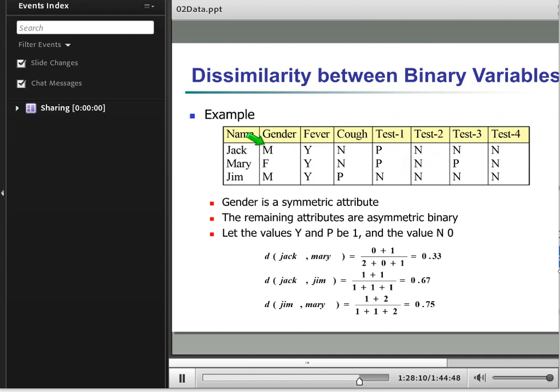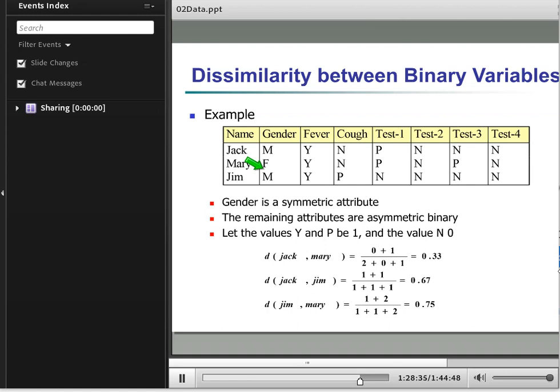For gender, the patient can be male or female, it's not important. But for the tests, we can see, for example, for test 4 or test 2, all of them are negative. But for gender, yes, the patient can be a male or a female.